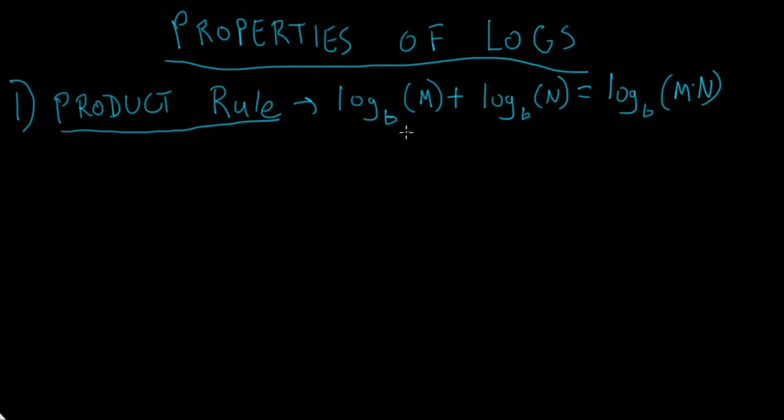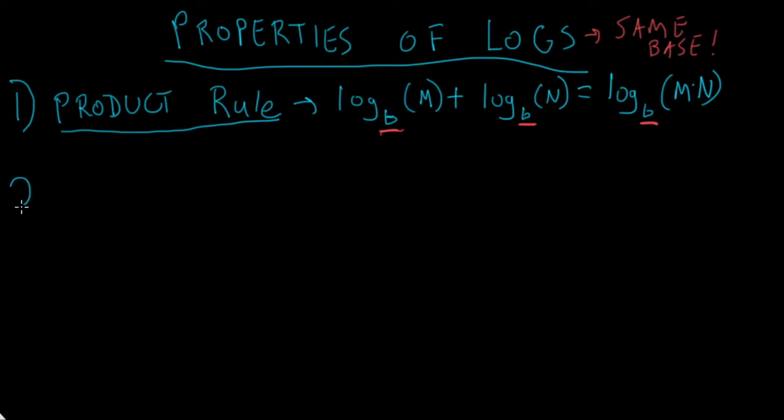So we bring these together and multiply them. Really important here is that we have the same base. You have to have the same base in order for these properties to work. This is true for all of these properties. Same base. If you don't have the same base, it does not work.